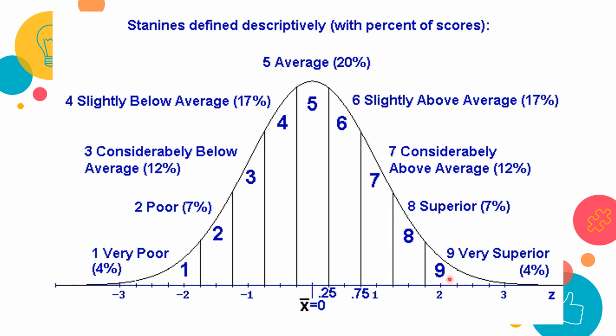And the upper 4% of the group will receive a grade of 9 and described as very superior or the highest. Okay, so we have 1, 2, 3, 4, 5, 6, 7, 8, 9. We have the lowest 4%, and then the upper 4%. Please remember that in standard 9.